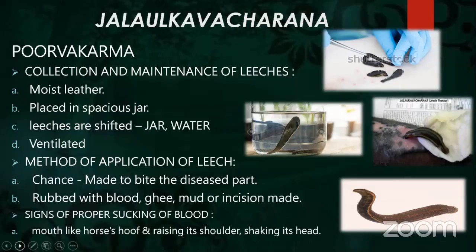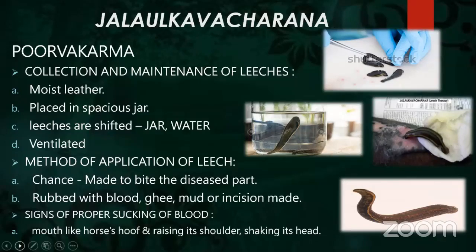Next, after collecting the leech, we have to wash it with turmeric. You all know it is manjal. So you have to wash it with turmeric in water. After that you have to give a wash with normal water.